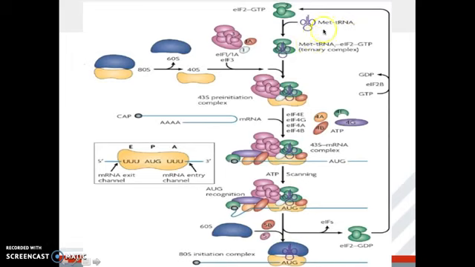In order for this tRNA to bind, it requires another initiation factor, initiation factor 2 with GTP, which binds to the initiator methionine tRNA to form a complex called the ternary complex. This ternary complex comprises methionine tRNA initiator, eukaryotic initiation factor 2, and GTP. That's why it's a ternary complex.